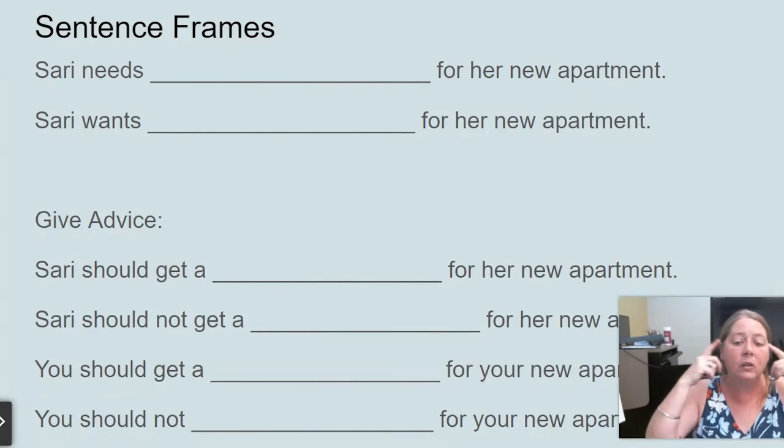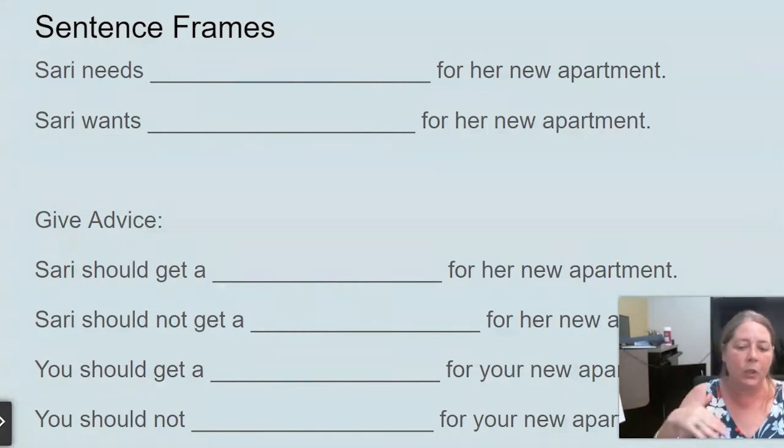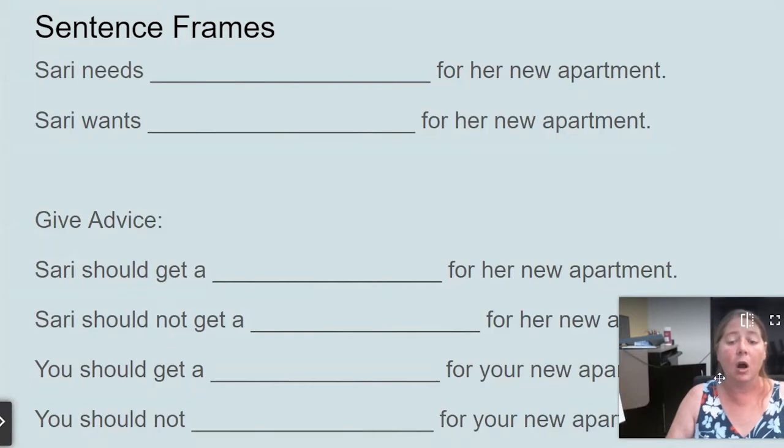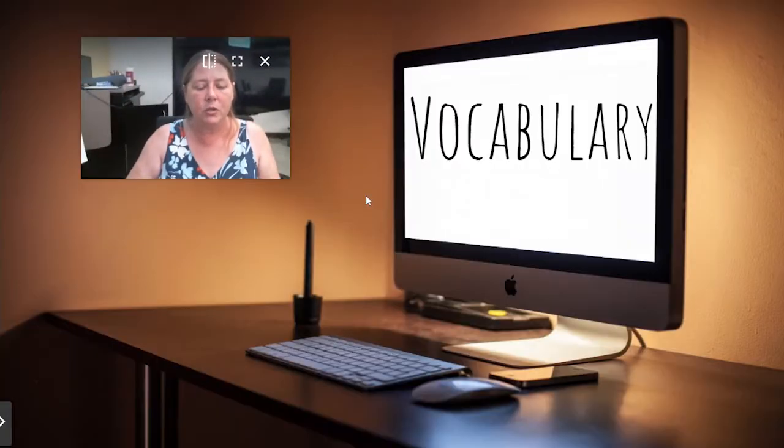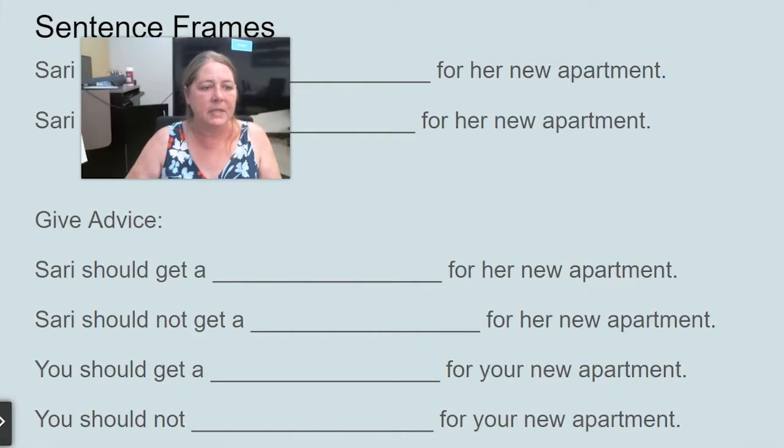We don't know. What do you think? And then afterwards, we can give some advice using the word should. So Sari should get a bed for her new apartment, or Sari should not get a bed for her new apartment. What are your thoughts? What do you think? Use the vocabulary to build some sentences.